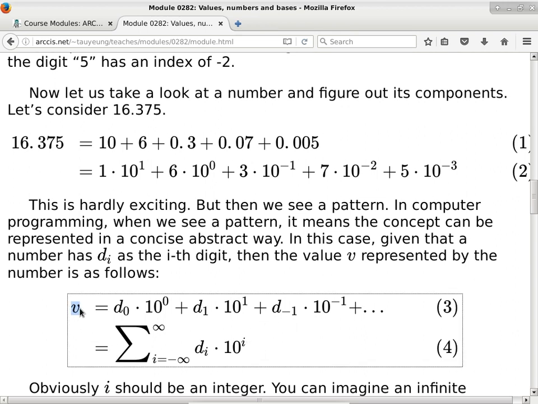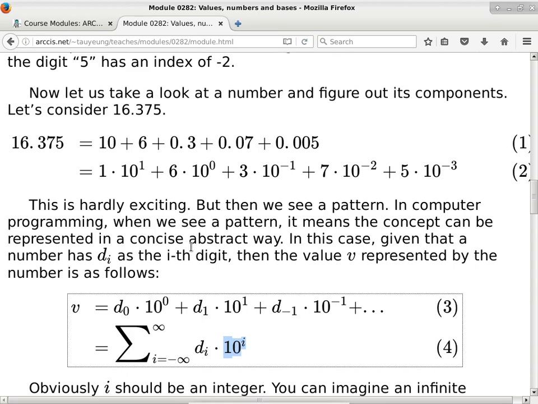The value that is represented by all of these digits is a summation where i goes from theoretically negative infinity as an integer to positive infinity as an integer, d subscript i, which is representing which digit we are talking about, times 10 to the power of i being the position of that digit.